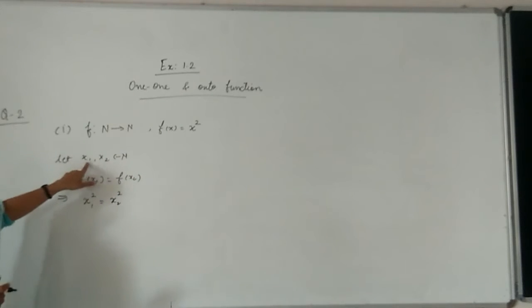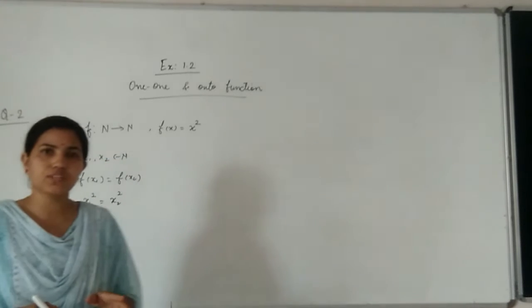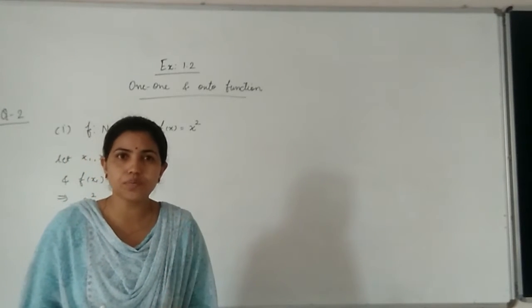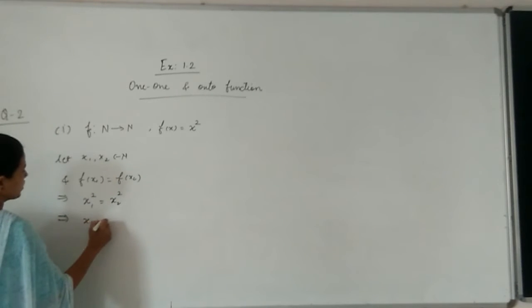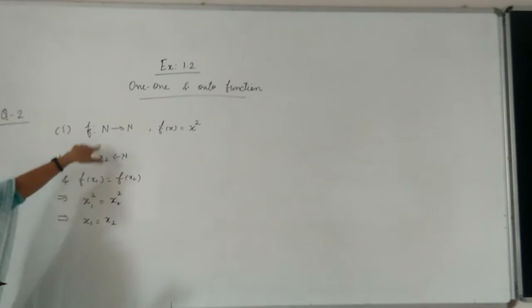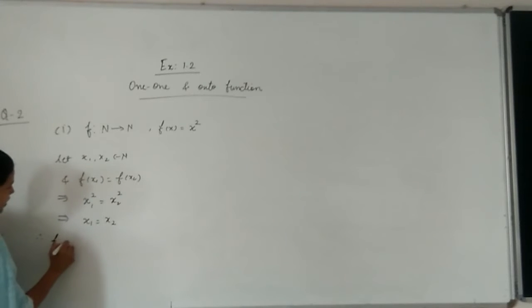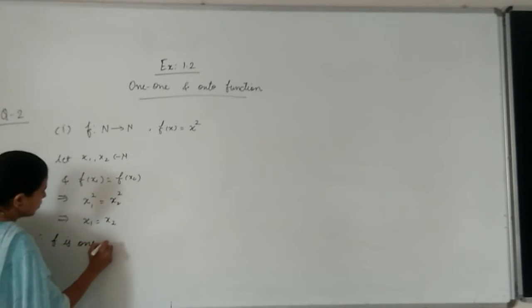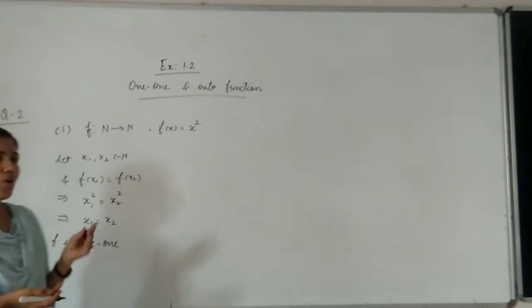Now, as x1 and x2 belong to N, the set of natural numbers, obviously x1 and x2 are positive numbers only. That's why it will give that x1 is equal to x2, because x1 and x2 belong to N. Therefore, f is 1-1.